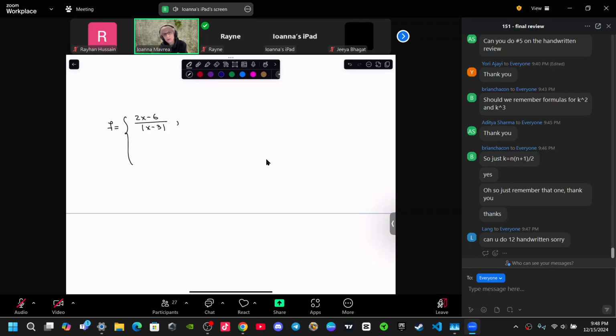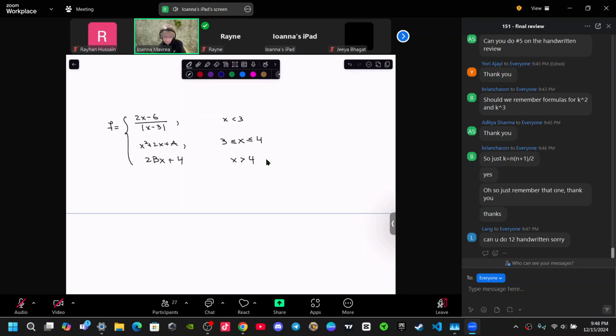So this is when x is less than 3. F is x squared plus 2x plus a when x is between 3 and 4, and if x is greater than 4, then this is 2bx plus 4. So we know that the function is continuous.